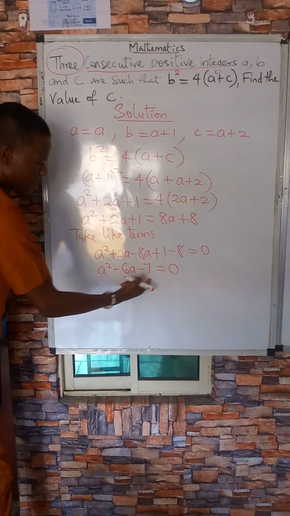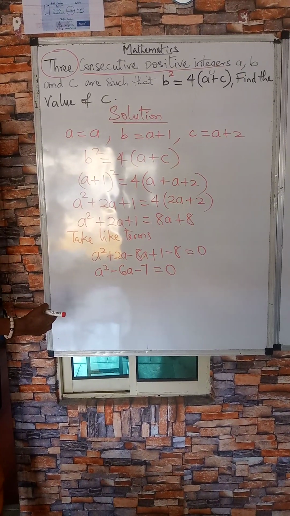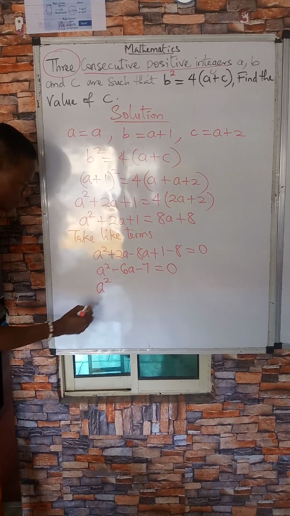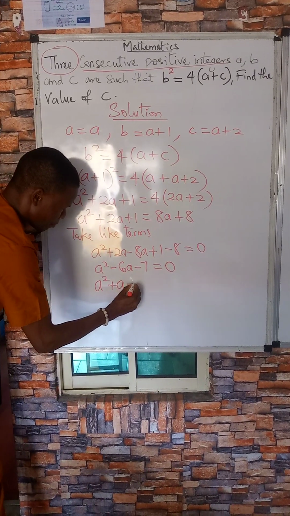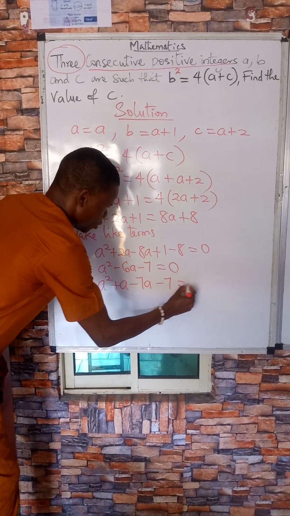Now from what we have here, we're going to be using 7 and 1. So we have a squared, then we have plus a minus 7a, then minus 7 equal to 0.